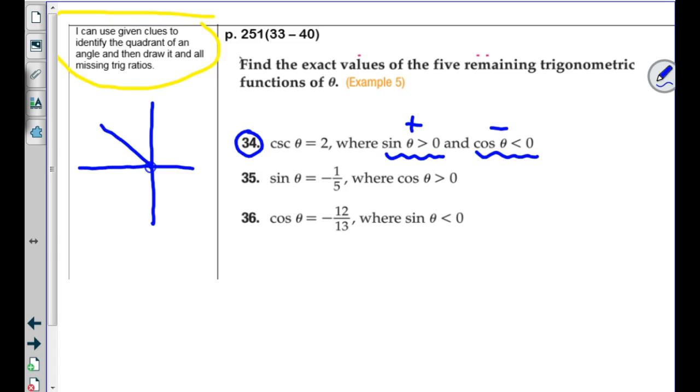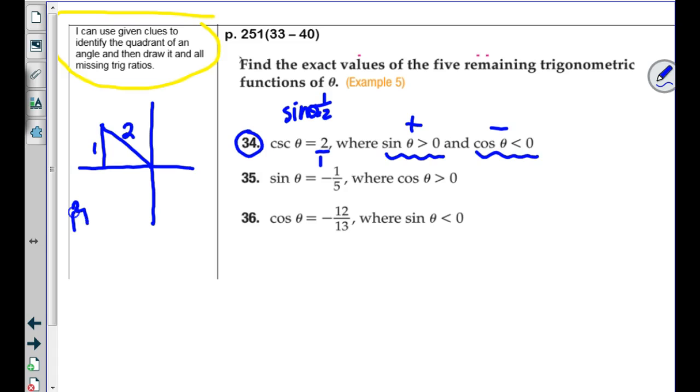So if I know I'm in quadrant 2, what am I going to label on this picture? Yeah, cosecant is the flip of sine. So the sine would be 1/2 if we wanted to write that down. But the sine is opposite over hypotenuse, or the cosecant is hypotenuse over opposite. So what do we have to do to find the missing piece?